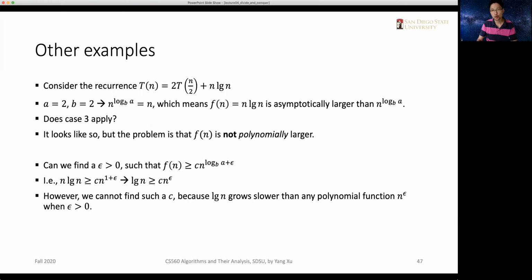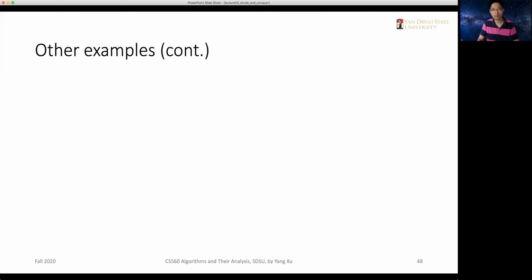Okay, so this is one example showing that this particular recurrence falls into the gap between case 2 and case 3. It seems like case 3 applies, but indeed it doesn't apply. Okay. And there are other examples here, and we can quickly go through them.